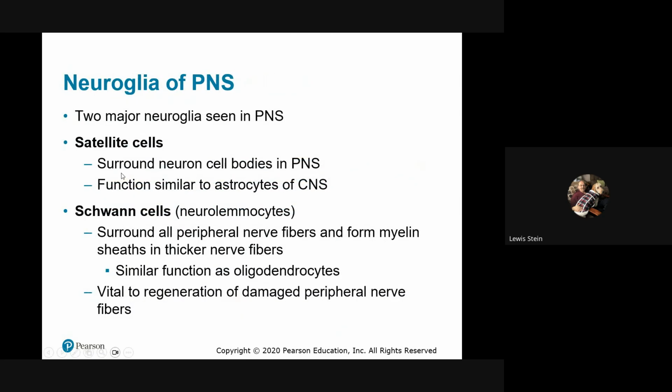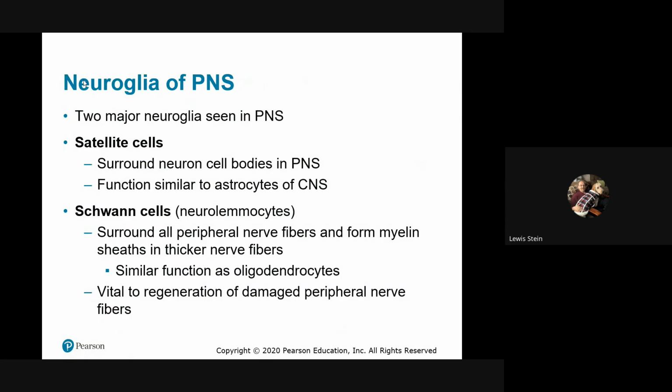We don't really know what these do, and they function similarly. Whenever you see on a PowerPoint "may," "similar to," "have been associated with," that's code for we don't know. In medicine and in science, if you know, you know. Simple declarative statements. The myelin sheaths in the peripheral nervous system are from Schwann cells. The myelin sheaths in the central nervous system are because of oligodendrocytes.